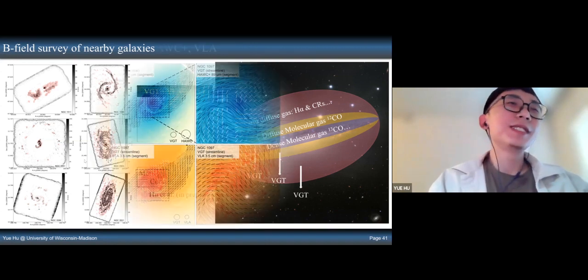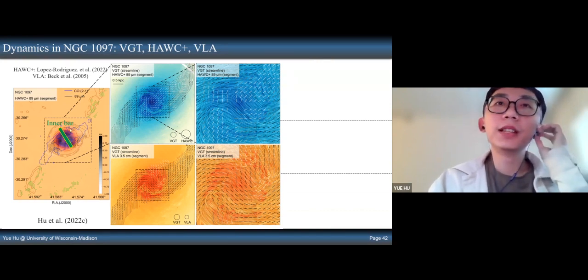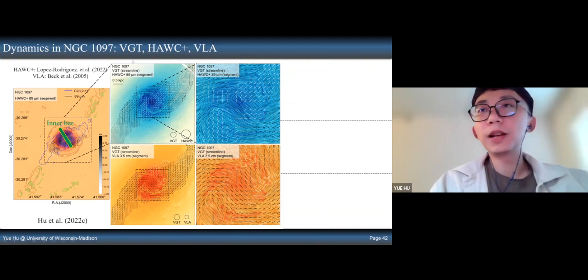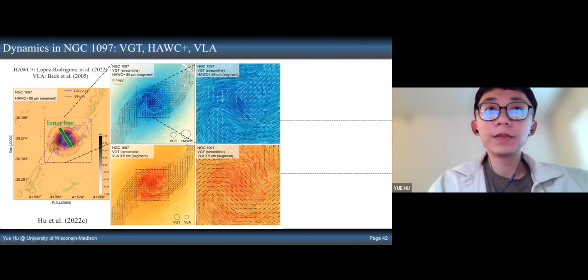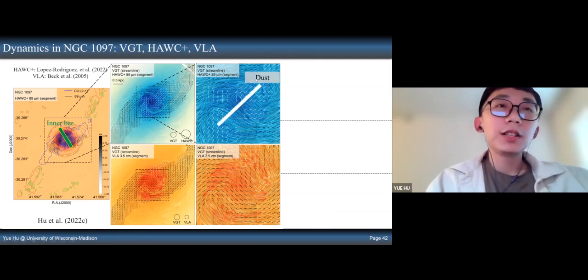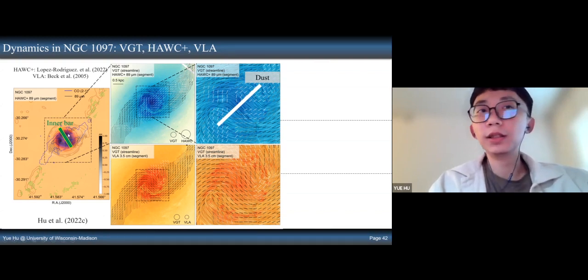And here I would like to show one example of the application for the galaxy NGC 1097. Here we have three measurements: from the velocity gradient, from HAWC+, that's dust polarization, and from VLA, that's synchrotron polarization. For dust polarization, we zoom in from the big scale to the smaller scale. We can see that for dust polarization, we have a significant radial component that's perpendicular to the inner bar, and follows the dust lane.